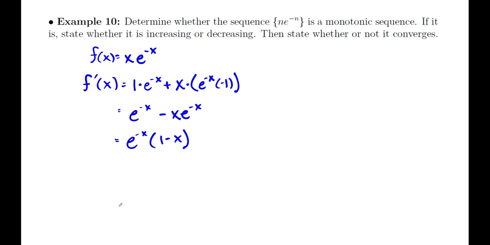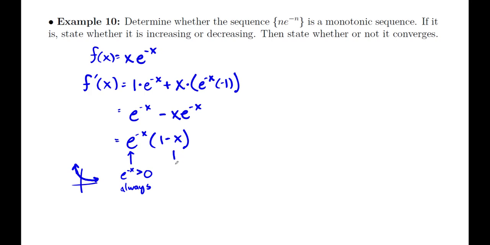Okay, so let's think about this for a second. We're interested in when the derivative is positive and when it is negative. Would you agree, first of all, that e to the negative x is always greater than 0, right? It looks like that, always above the x-axis.